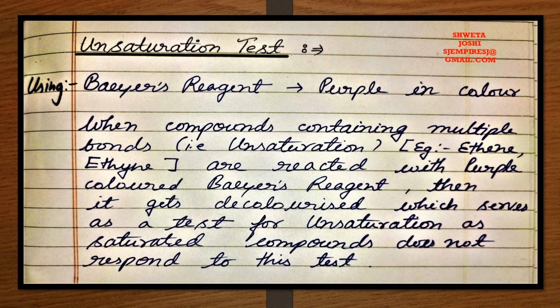This test is responded to only by compounds containing multiple bonds. So by this reaction, you can distinguish between compounds which contain multiple bonds, that is unsaturated compounds, from compounds which do not contain multiple bonds, that is saturated compounds.